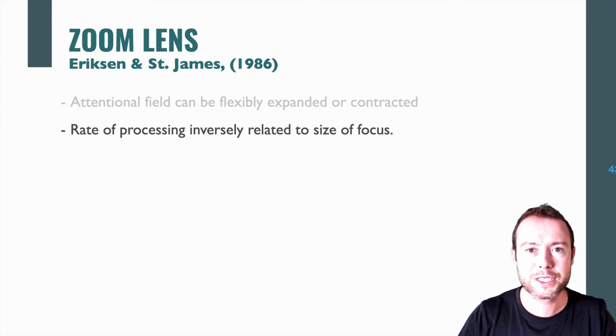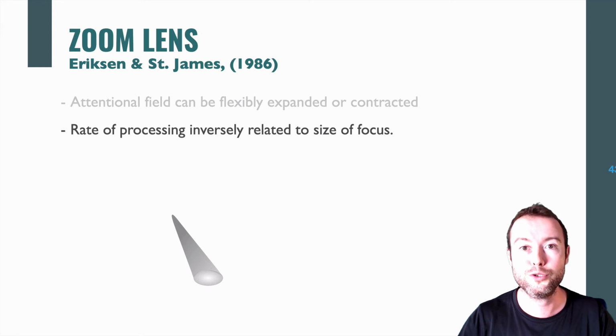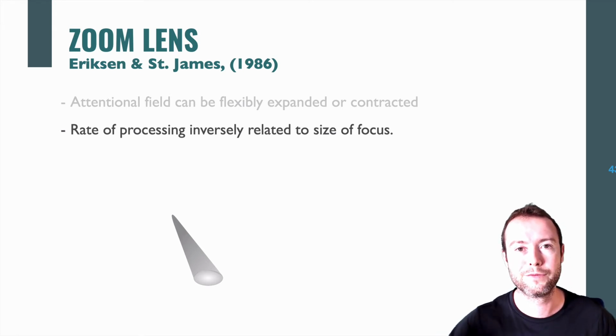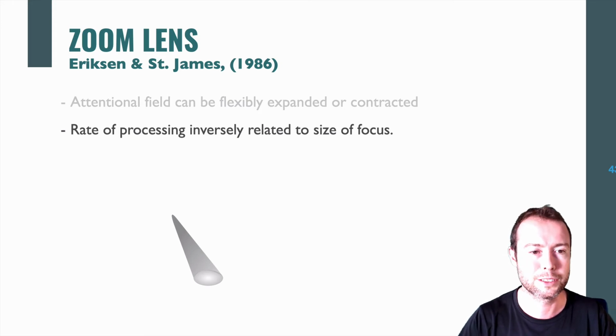So one example is if you imagine driving your car down the road. Under normal conditions we have a relatively large and wide focus, so we need to pay attention to the entire visual field in order to anticipate possible dangers up front, and we process everything at relatively low resolution.